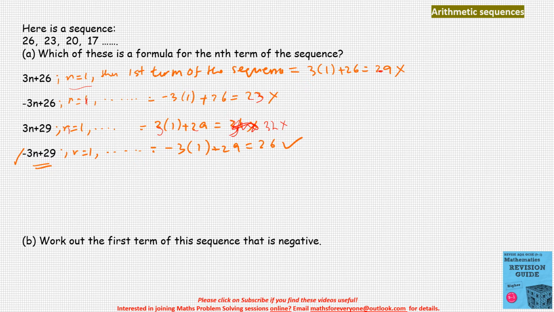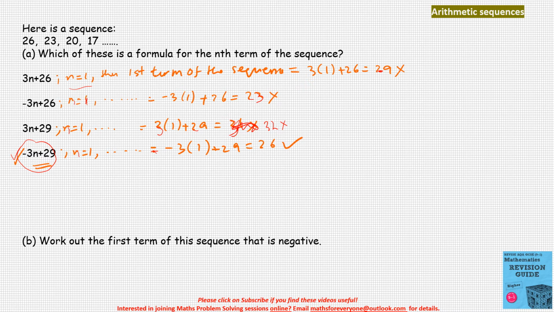It should be 26. So if you put n equals 1 in minus 3n plus 29, you get minus 3 plus 29, which is 26. So this is your correct answer.